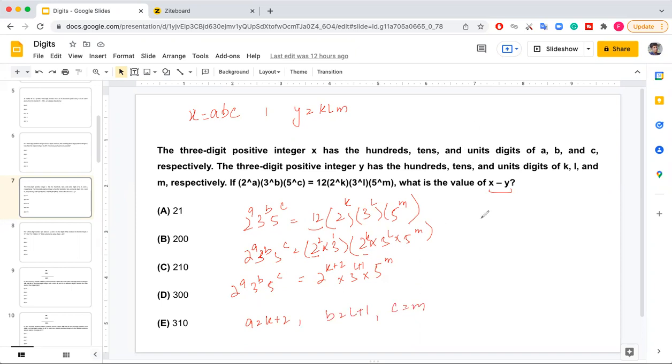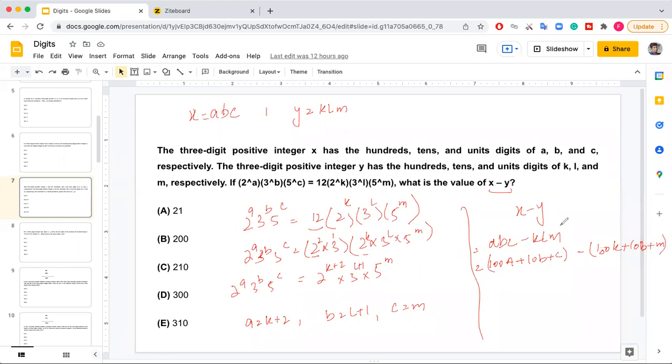Now the question asks us to find x minus y. You can write this as abc minus klm, which in representation is 100a plus 10b plus c minus 100k minus 10l minus m.